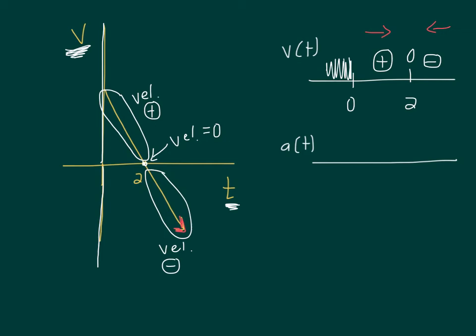So for the acceleration sign diagram, this is also going to have a 0 here. Okay, can't have negative time. Well, with this one, acceleration is the derivative of velocity. So if you're given this line here, if we're talking about a derivative, remember we're talking about a slope of a tangent line or just a slope in general.